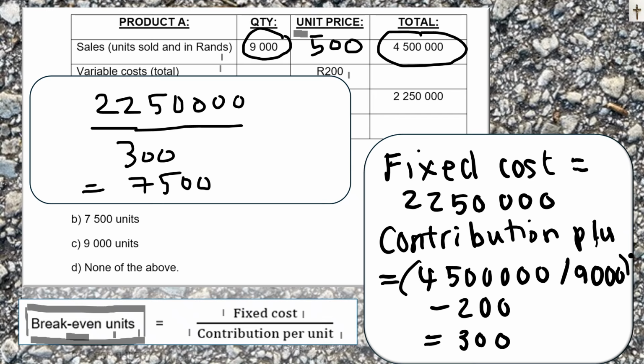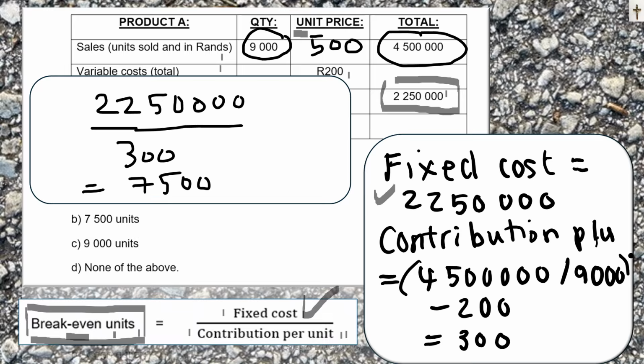And the fixed costs in this case, they actually give us the fixed costs, which is 2250. So there we go. The fixed cost is 2250. It's actually 2,250,000.